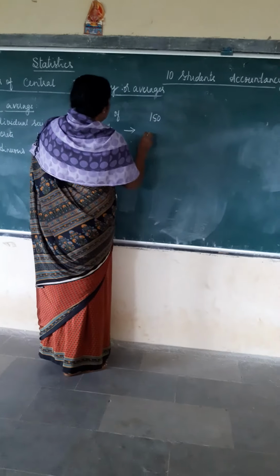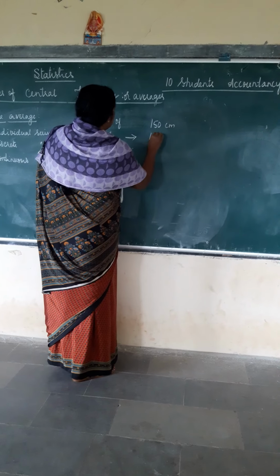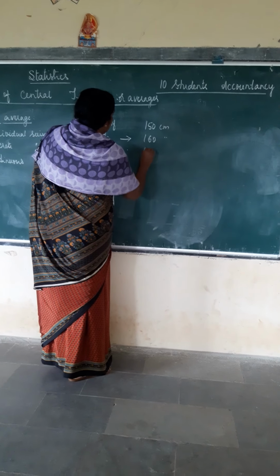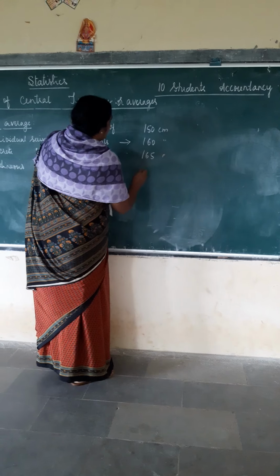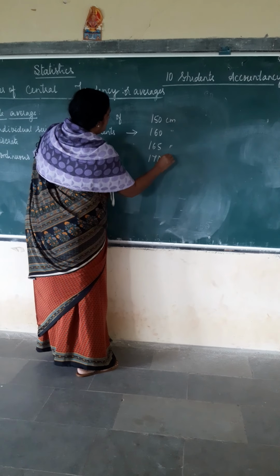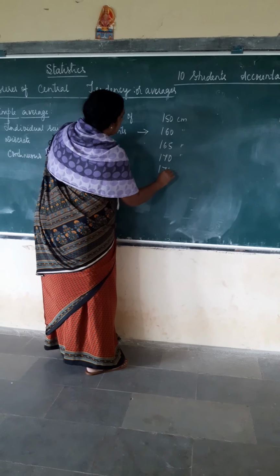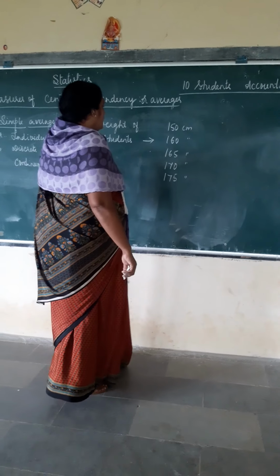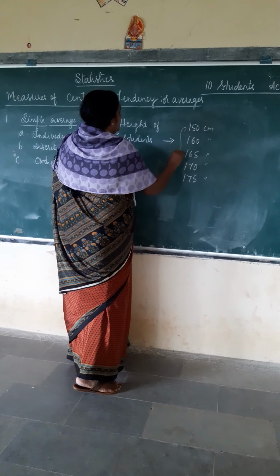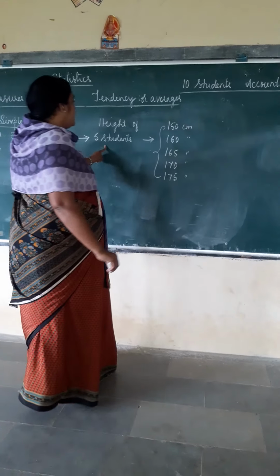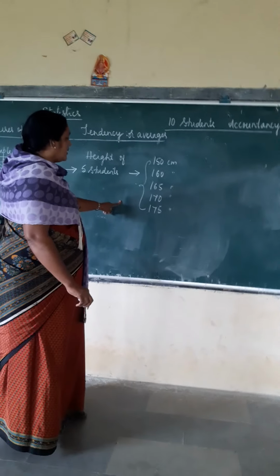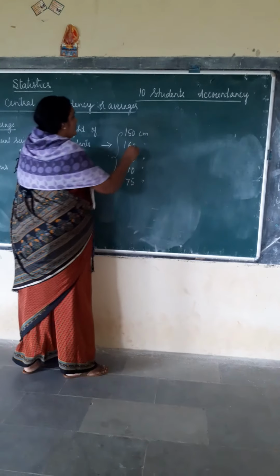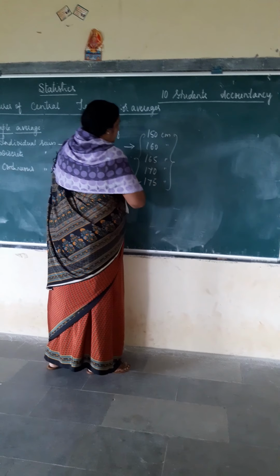150 centimeters, 160, 165, 170, 175 centimeters. So now let us calculate the average height of 5 students in that particular class. What we need to do? We have to total the sum of these items.